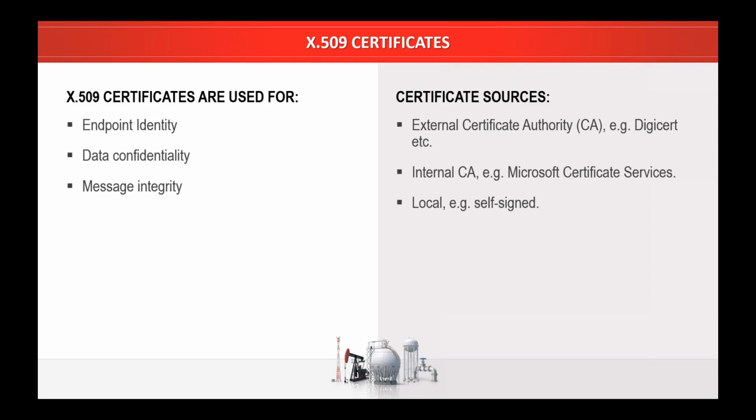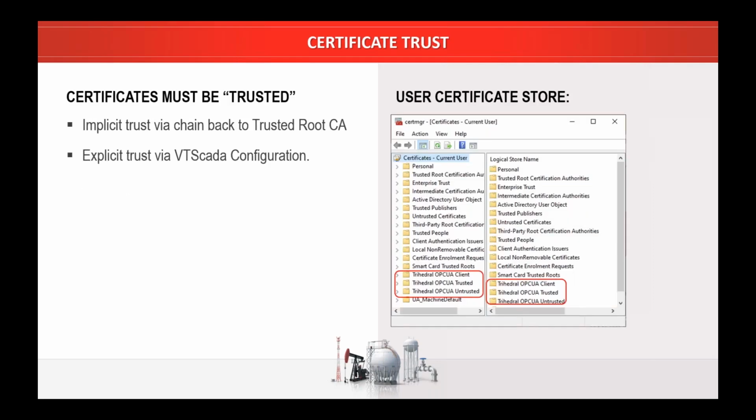And this is known in the certificate world as a self-signed certificate. It's one that's produced on the machine. And that generally is only trusted on that machine. But through the magic of certificate trust and various other aspects that we'll cover off in a few later slides, we can make sure that certificate, again, is trusted at both ends. So that's a brief overview of the X509 certificates that we use in OPC-UA.